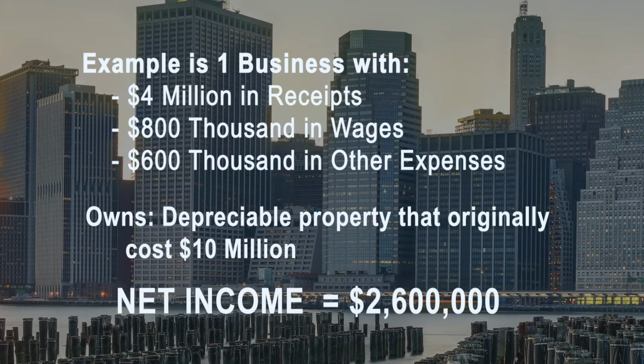So the net income from this business is $2,600,000. That is the receipts of $4 million minus the wage expense and the other expenses of $800,000 and $600,000 to get to net income of $2,600,000.